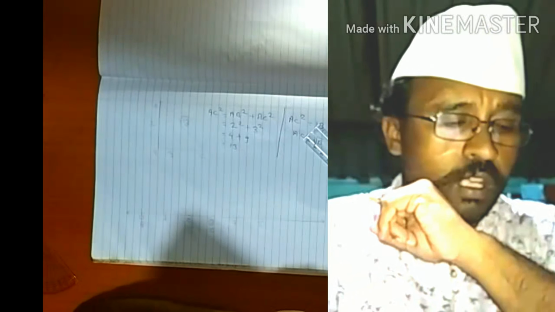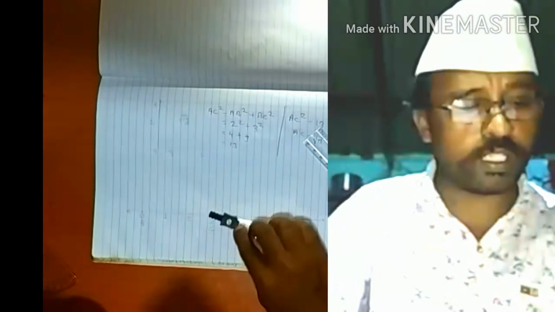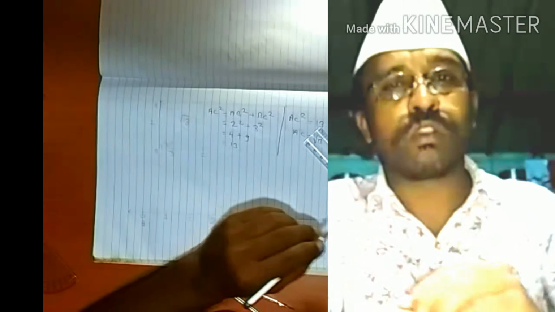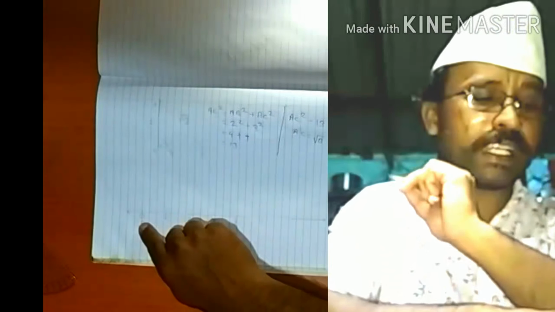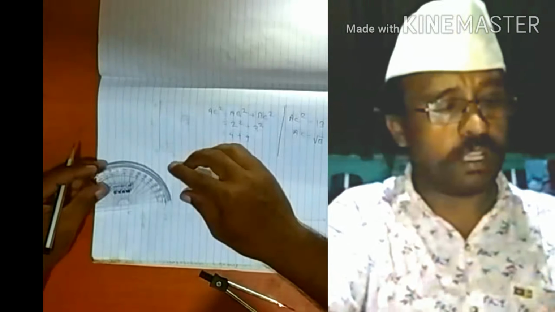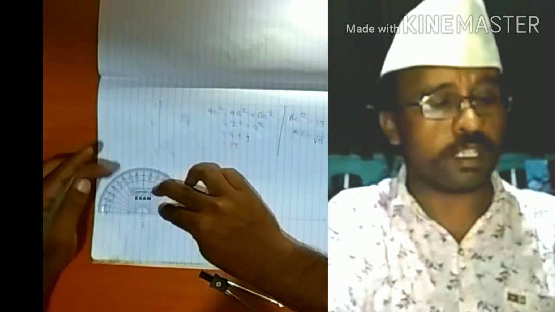Right, students? We require a right angle triangle such that angle B is equal to 90 degrees. So how to plot this 90 degrees at B? We have to use this protractor. Let's keep origin of the protractor on point B and let's draw a 90 degree angle.